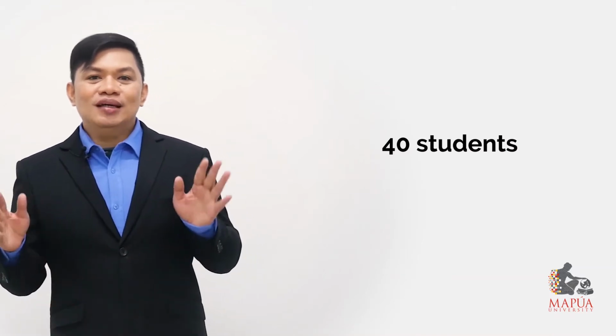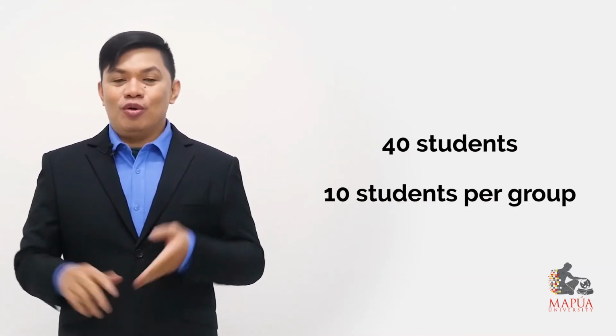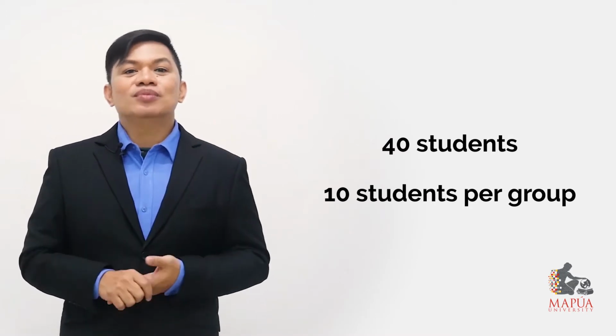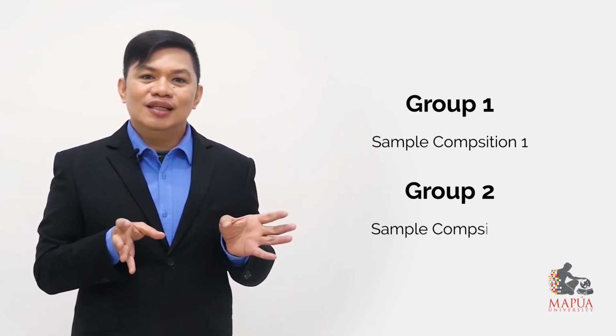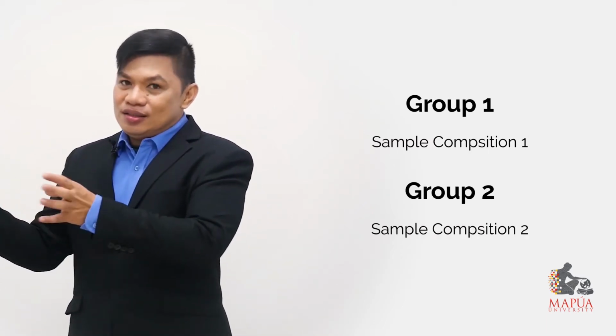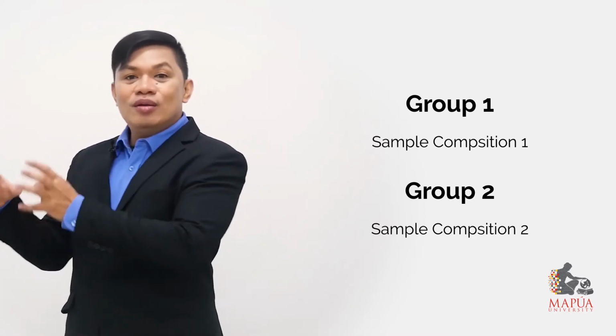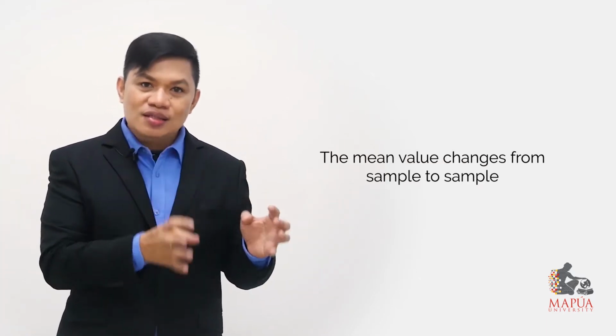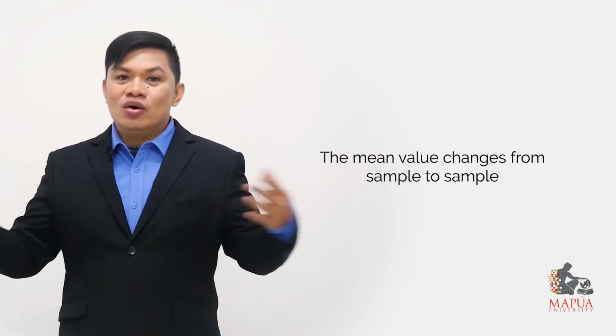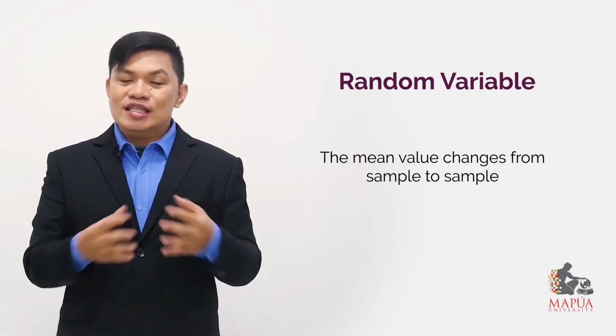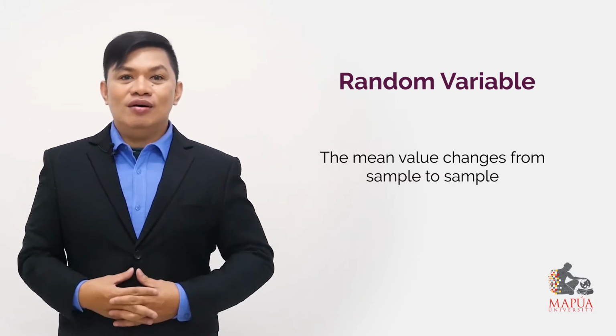For example, in a class of 40 students, you can select groups of 10 students each. At one point, you have a different composition of the sample, and in another group, there's a different composition. Of course, there will be a different value of the mean here, and a different value of the mean in the other group. That's basically what we are trying to convey here, that the value will change from sample to sample. That's why we call it a random variable also. So the sample mean will also be a random variable.